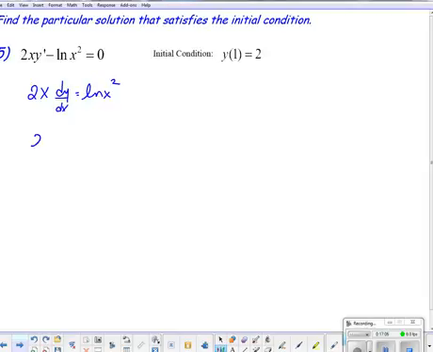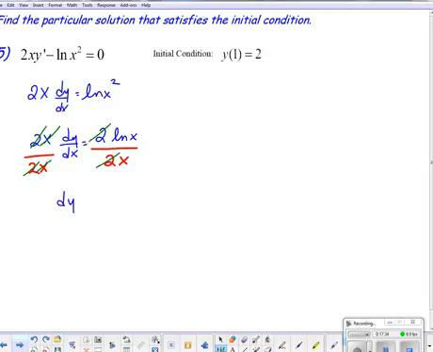And now, oh boy, we can do quite a bit with this. I'm thinking of using my natural log property and bring that 2 down from the power of the x. And then let's divide both sides by 2x. And we will notice that we get 2 canceling and 2 canceling. That's sweet. Oh, I left off the x. X is canceling too. And I'm at dy/dx equals natural log x over x.